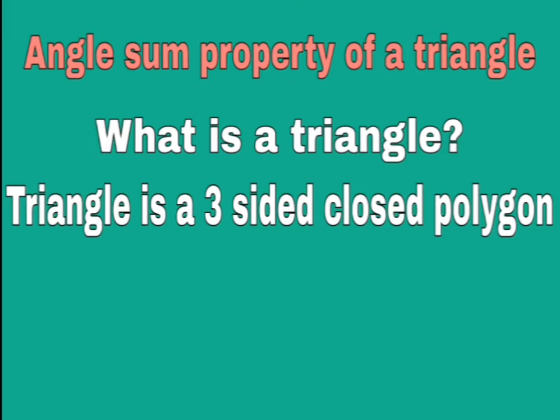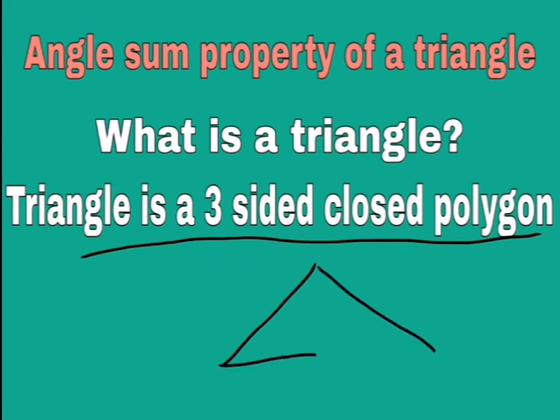Simply, you can say that a triangle is a three-sided closed polygon, right? Polygon, we learned from our 6th standard, is a figure which is formed with straight lines only, and it should be a closed figure, so it should not be open from any side.